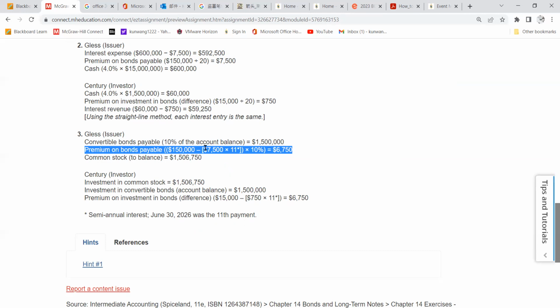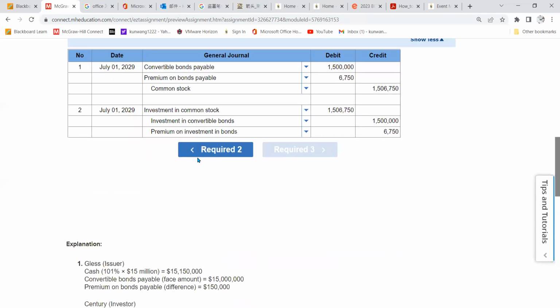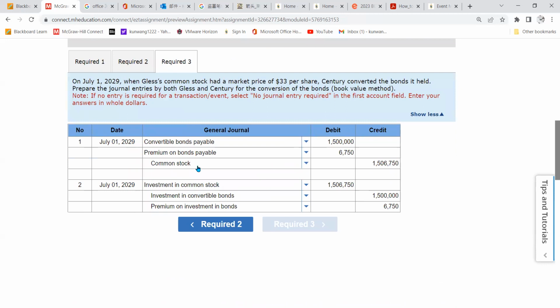The amortization is something not really given by the question, so we need to figure that out before you can do the journal entry correctly.